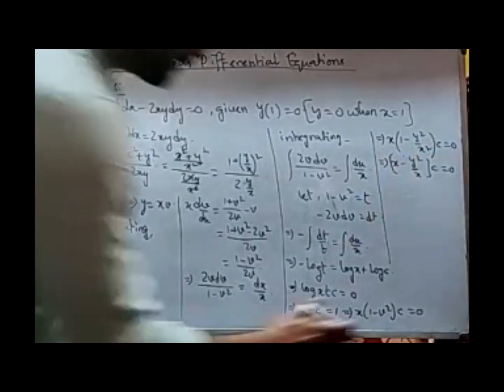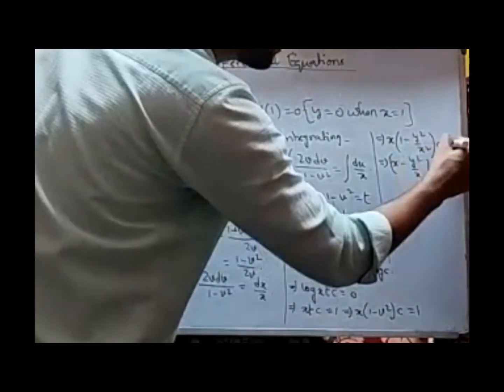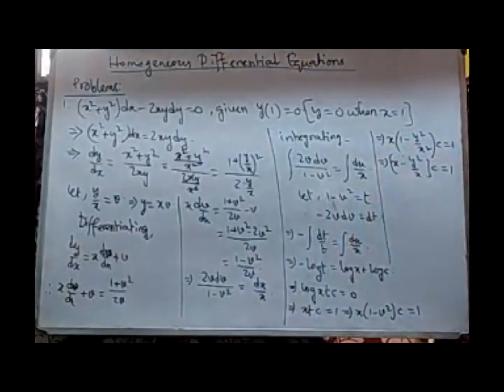I think I have done it wrong again. It is 1 here, sorry. This is 1, this is 1. So this is the solution. See if there is any question.